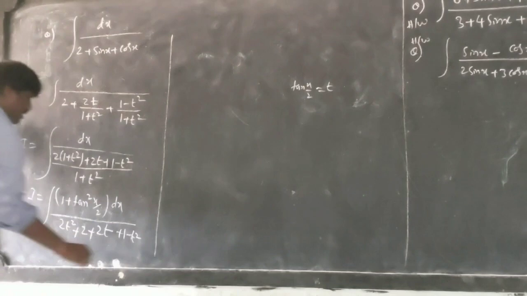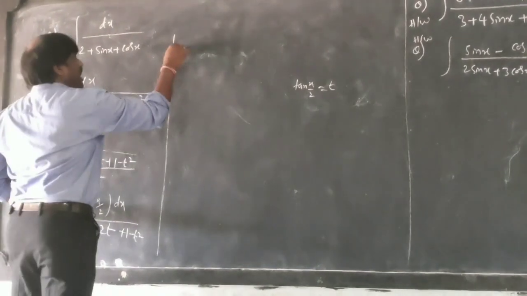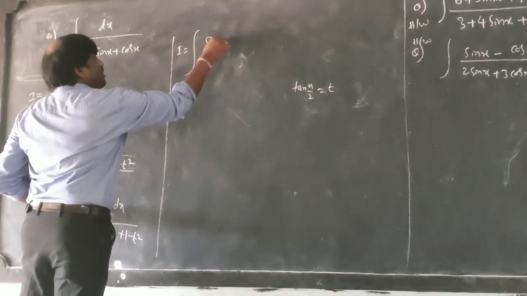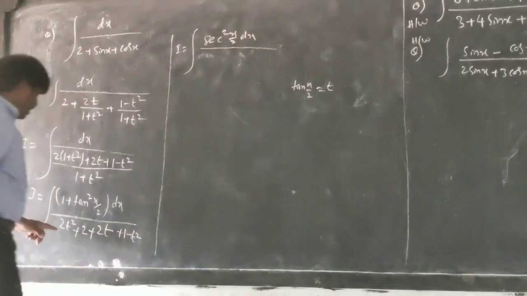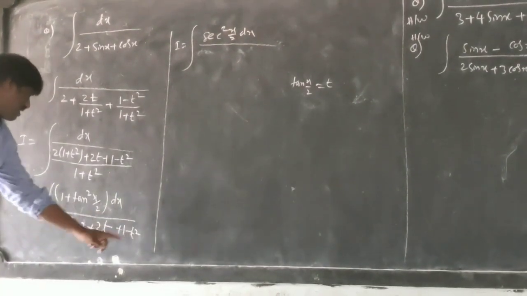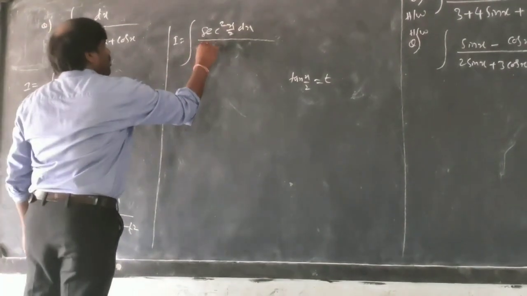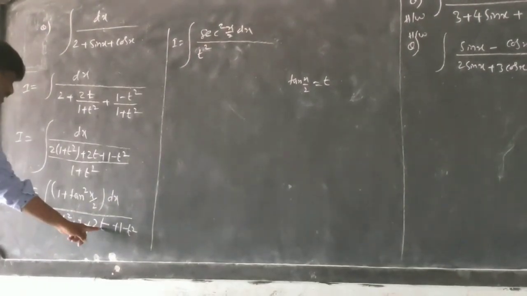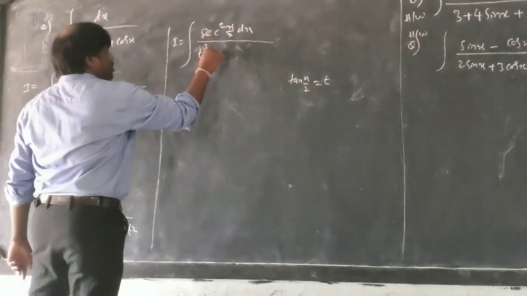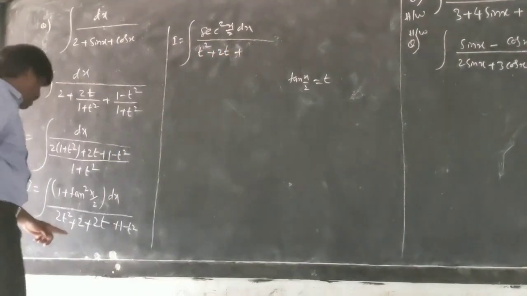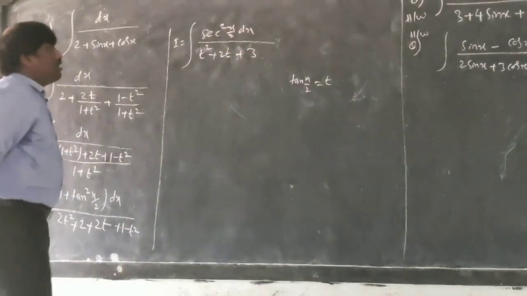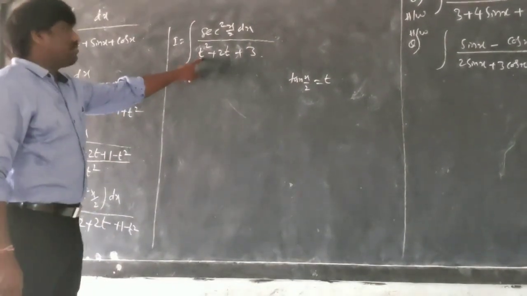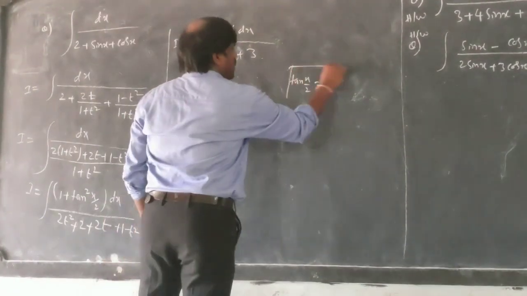Finally, I is equal to integration of sec square x by 2 dx upon, we can write 2t square minus t square, that is t square, and 2t, plus 2 plus 1, which is 3. So tan x by 2 you take as t, or consider it as y, since t is already used.